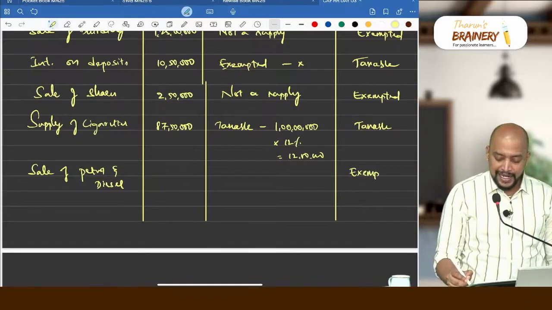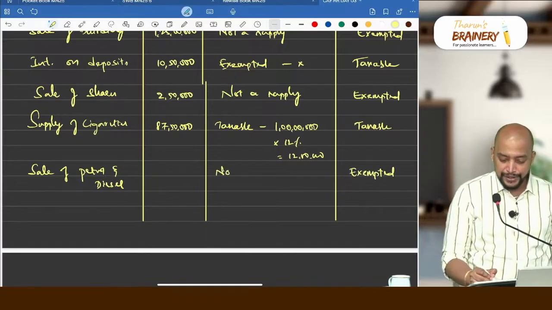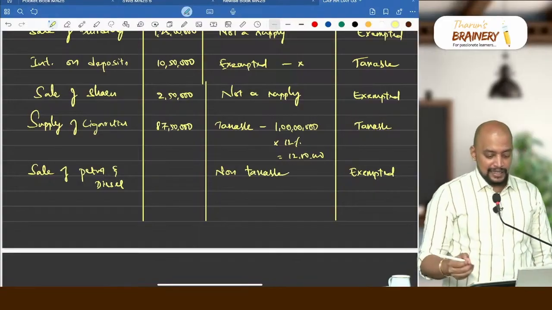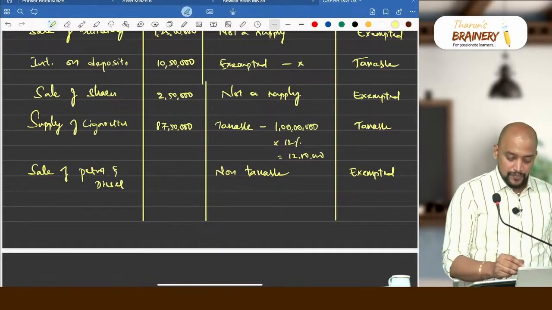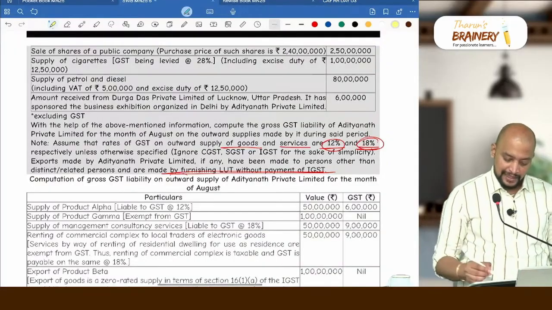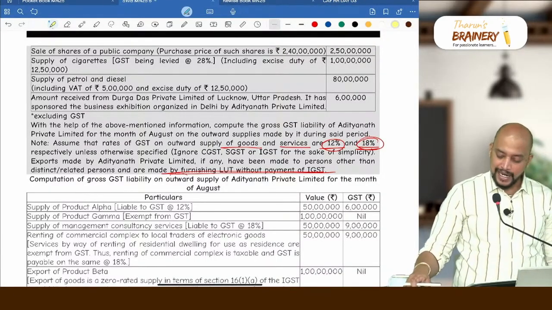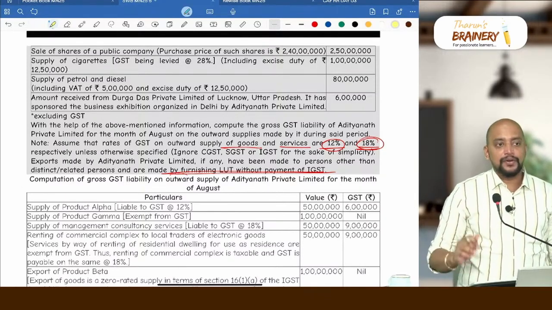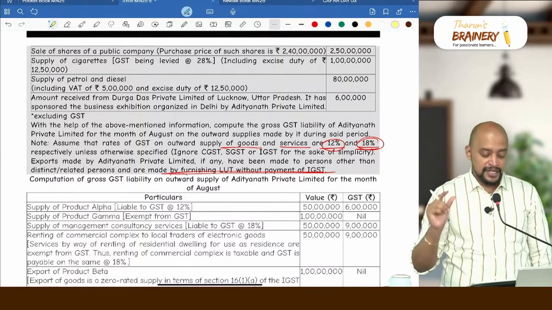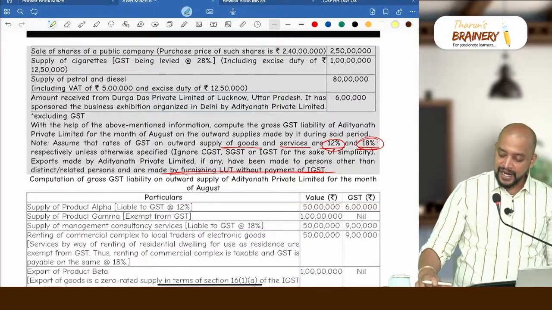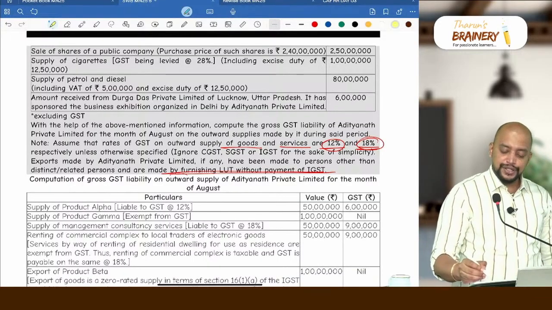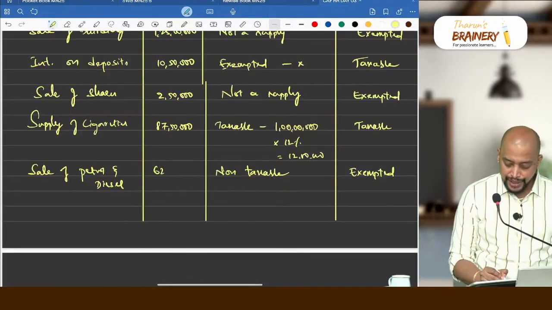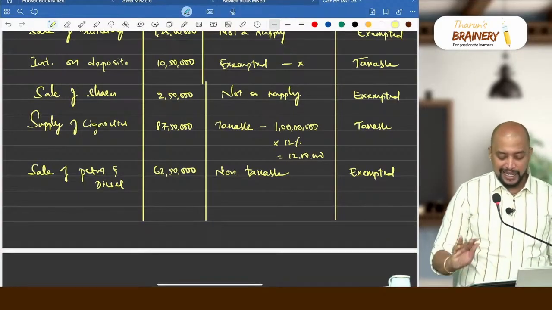We don't have to treat it as taxable because it is non-taxable, and then we need to take value as how much? 80 lakhs minus VAT and excise duty will not come. While computing the turnover for ITC purpose, VAT and excise duty will not come. So minus 5 lakhs minus 12,50,000, that will come to 62,50,000. So 62,50,000 will be taken as the value.